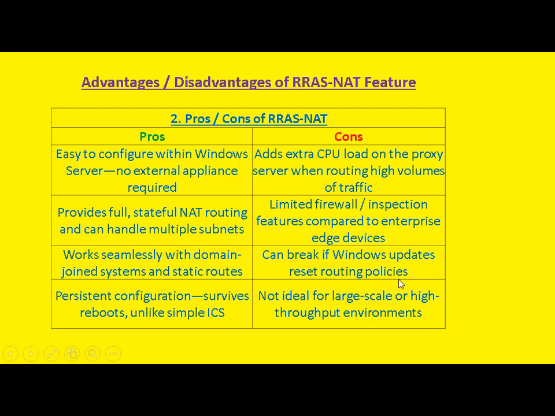So if I have updated my proxy server with some extra monthly updates which can block my RRAS policies or RRAS ports, say, it can break according to that scenario. And it is not ideal for large scale or high throughput environments.